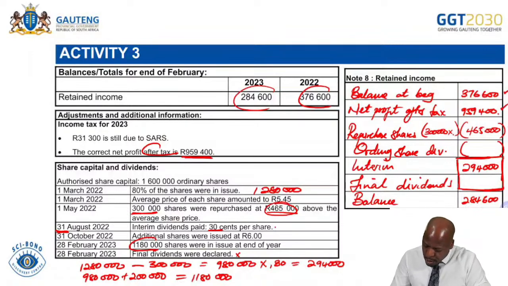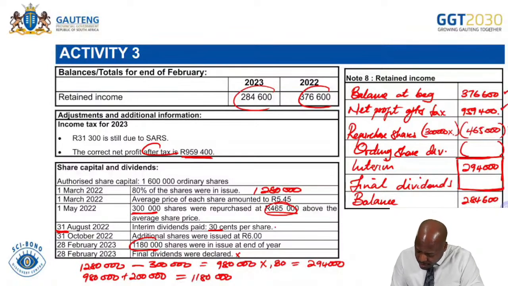Once you get that on your calculator, it is 1,336,000. Then you subtract your 465,000, that is for the repurchase. Then you would remain with 871,000.